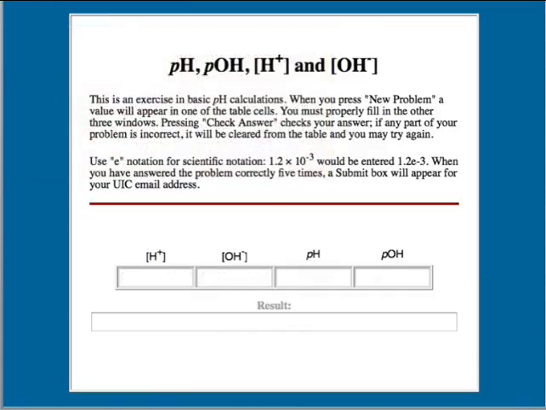And then let's try one more. Here I give you hydronium. Let's fill in the rest.